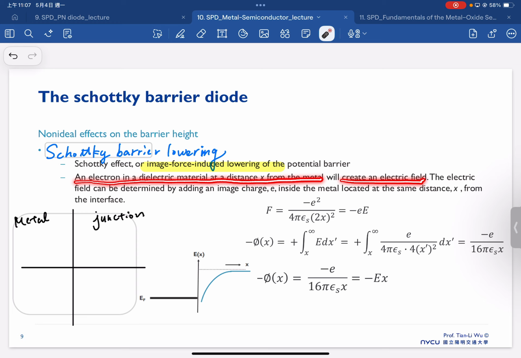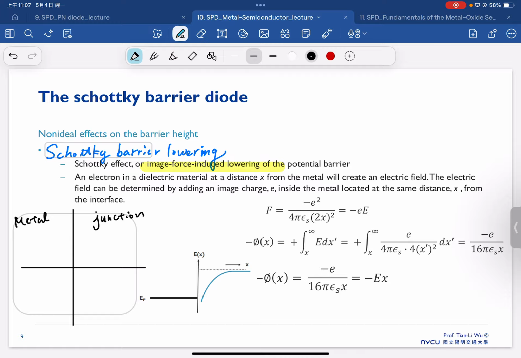So if you have one charge on the junction side, it will also create an image charge on the metal side.